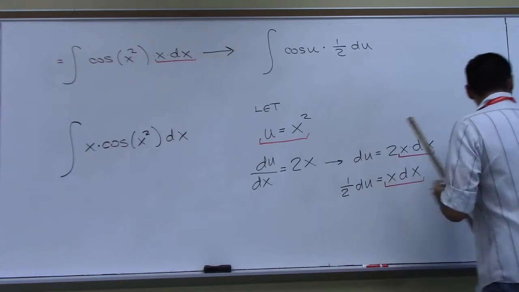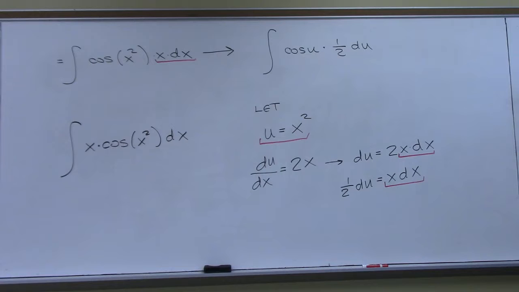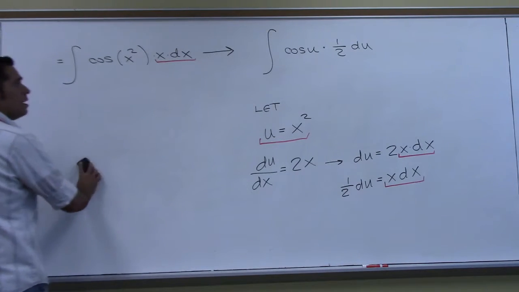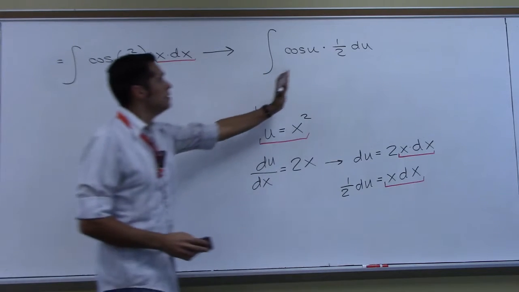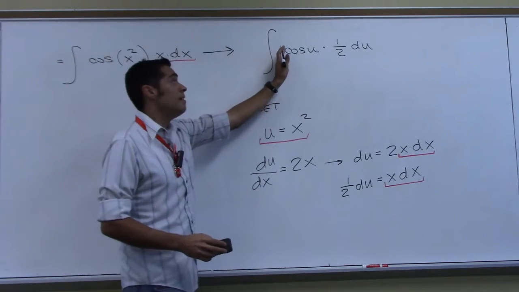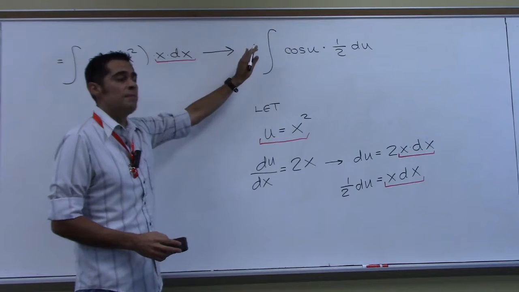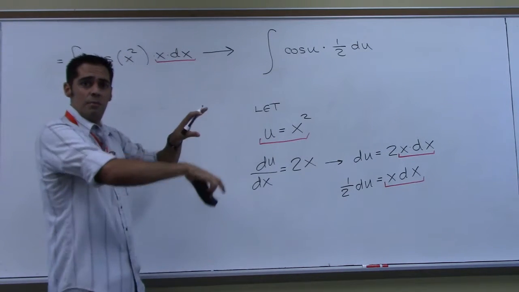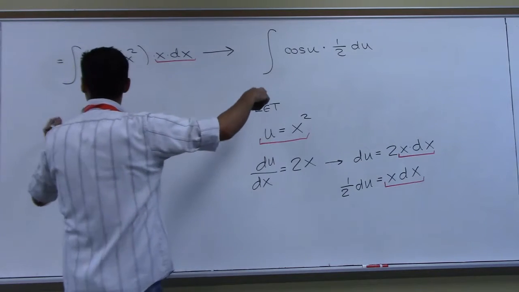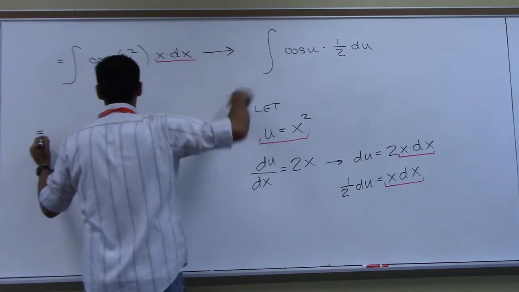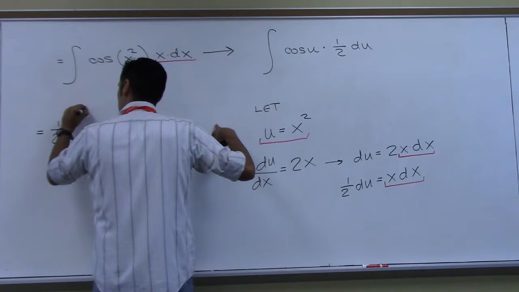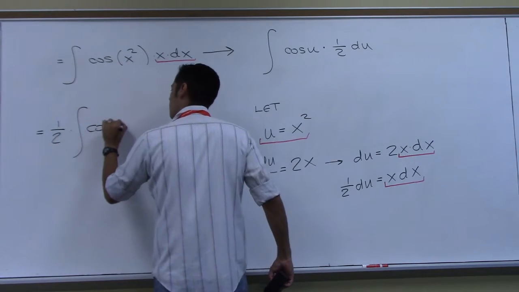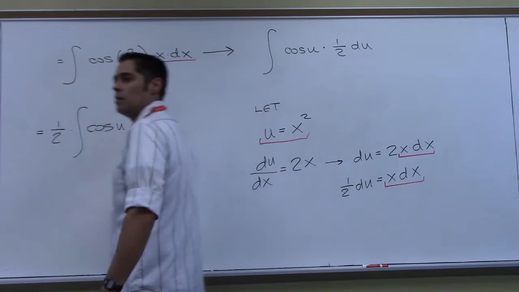And at this point, I can take that 1/2 and slide it in front of the cosine and then out in front here, because remember, with antiderivatives, the constants, if they're attached to a function, are just going to come with us. So I'm just going to put here, this one equals 1/2 times, so there is multiplication there, cosine u du. That's all we'd have left.